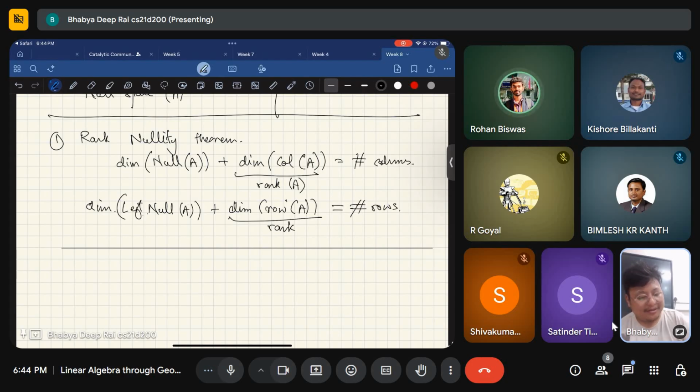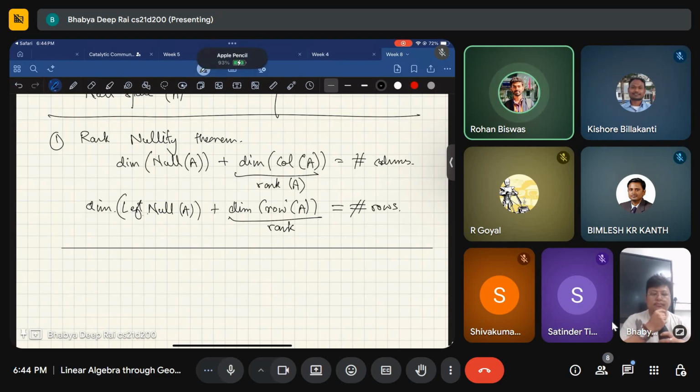But sir, just one thing to add. I was reading in the definition that in null space, we multiply from the right hand side, Ax equal to 0, and in left null space, essentially it is the same thing. It is coming from what you have written there, that A transpose X equal to 0. But in the definition, they are calling it left null space because they are multiplying from the left hand side.